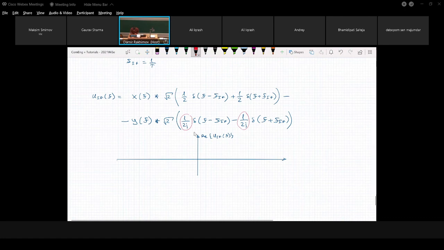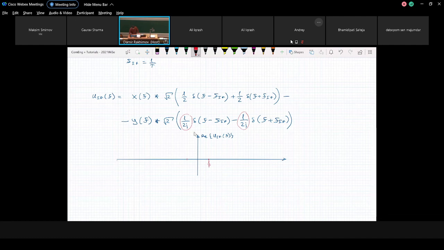So we have two delta pulses. Where should we place them? If we assume that 1 over T, let's say, is the intermediate frequency, then this is our intermediate frequency.